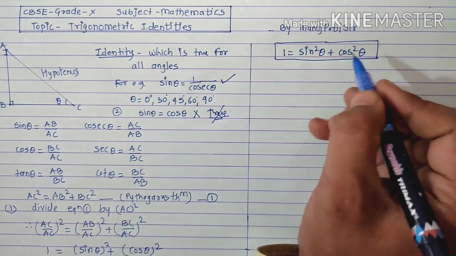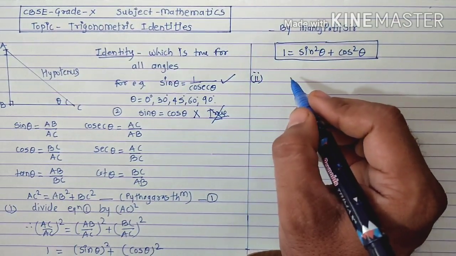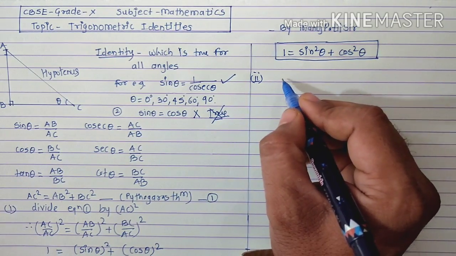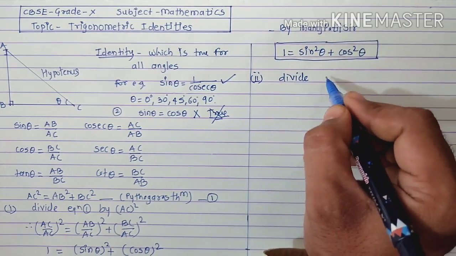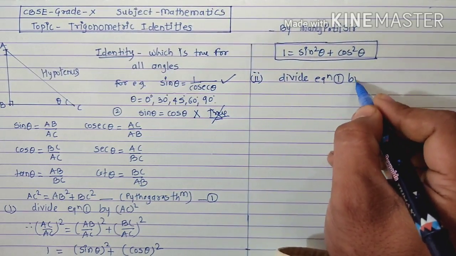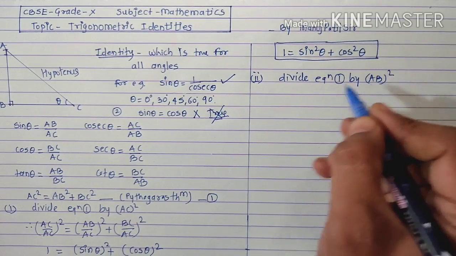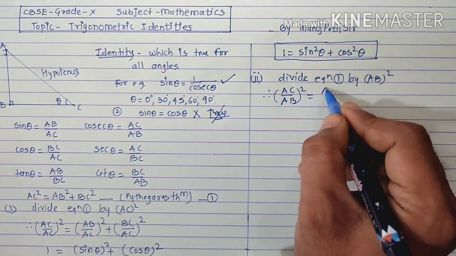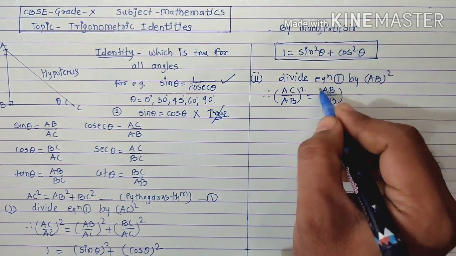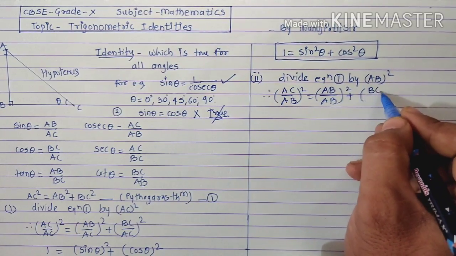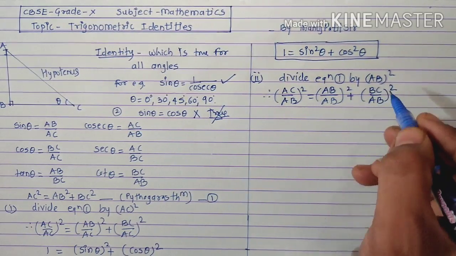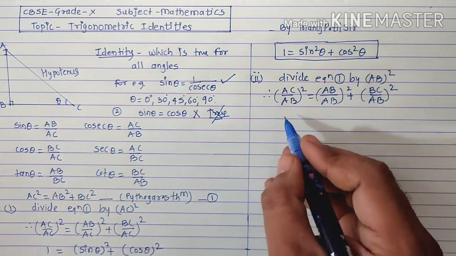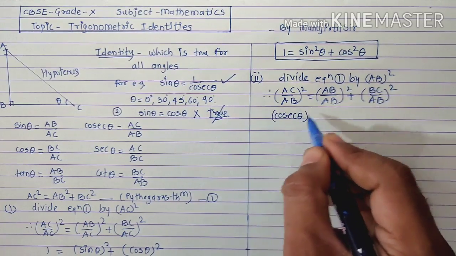Now we'll prove the second identity. Again we'll consider equation 1 and divide it by AB square. Therefore AC upon AB bracket square equals AB upon AB bracket square plus BC upon AB bracket square. AC upon AB is cosec theta, so we write cosec theta bracket square.